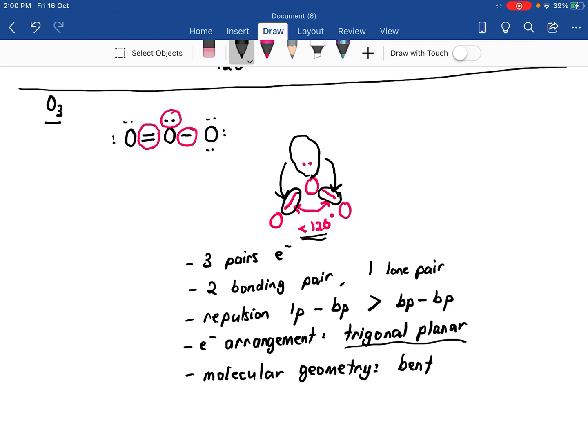Kita kena susun dia dulu dalam kedudukan trigonal planar. And then after that baru kita consider since there is one lone pair, we only consider bonding pairs as the molecular geometry. So yang molecular geometry dia jadi bent. And again, because of the greater repulsion between lone pair and bonding pair, therefore the bond angle will be less than 120.